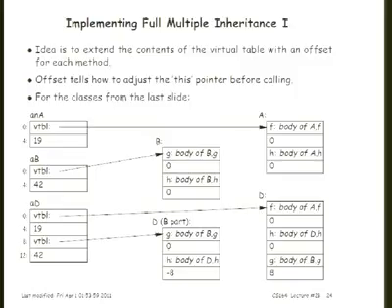Well, no problem, because I actually have a modified virtual table for this B part that says when you call h, first adjust your this pointer by -8, and that will cancel the effect of this 8 over here. It will call the h method with the pointer right up here at the beginning of the D. Okay?